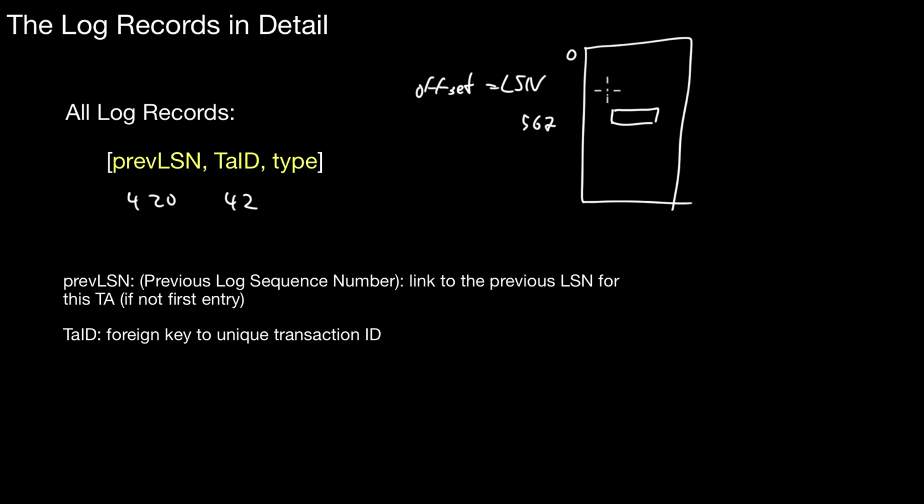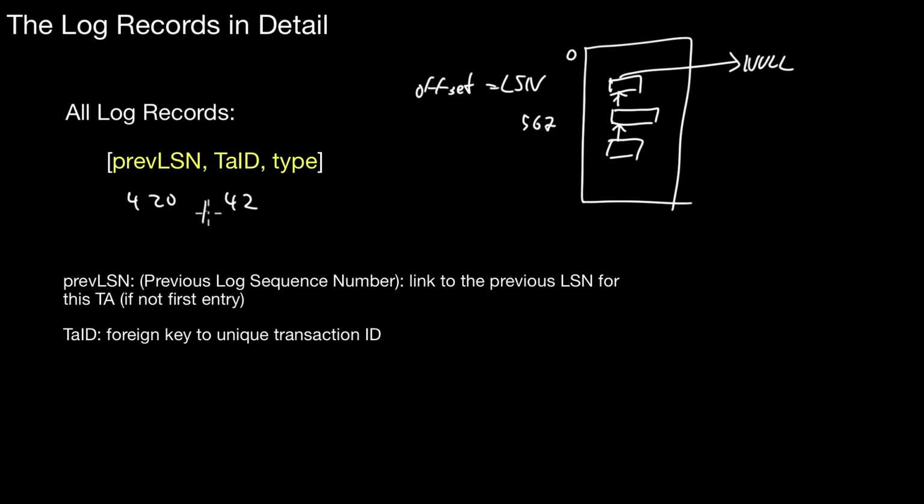So that gives me a backward chaining through the log file. This points to that one, that points to that one, and so forth. If I hit the first log record ever written, this pointer will show something like null, whatever null means in that scenario, or maybe a negative integer, whatever you deem useful. But you have this backward linking, and that's given by this previous LSN.